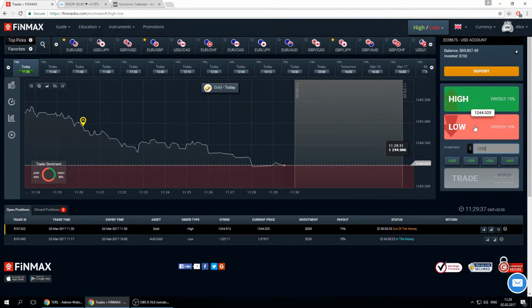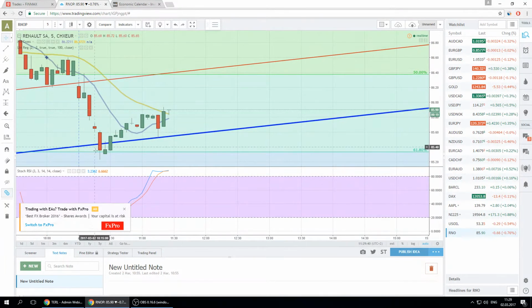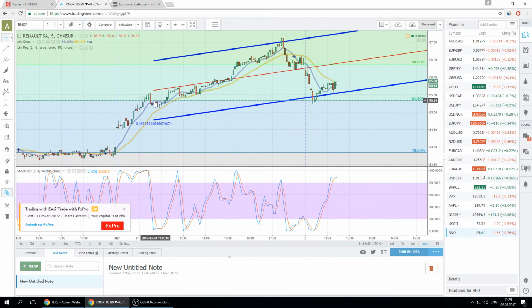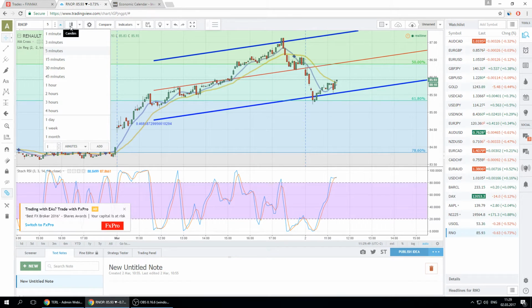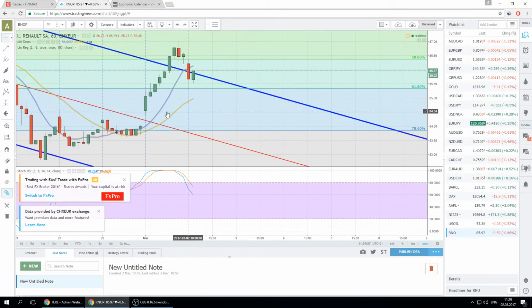Oh, that was pretty intense. So the day ranges, 5 minutes. So you see that was yesterday's change in price for Renault.